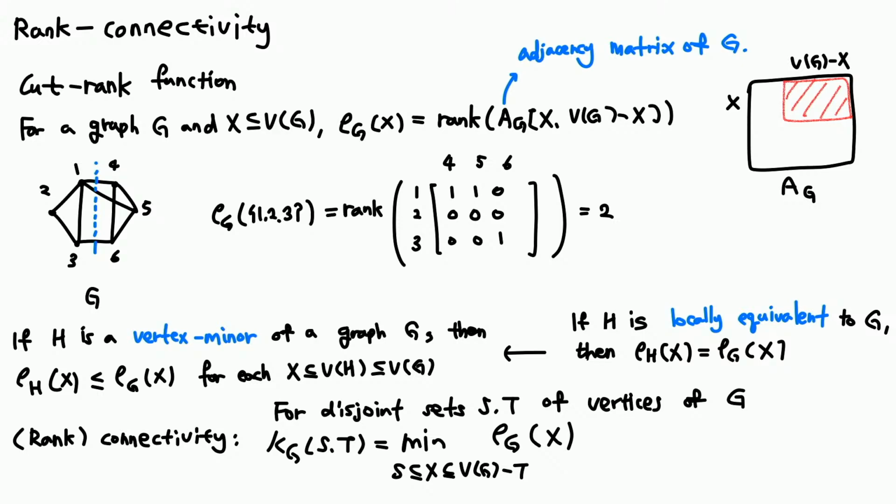So we also know that if H is a vertex-minor of a graph G, then the cut-rank in H is less than or equal to the cut-rank in G.